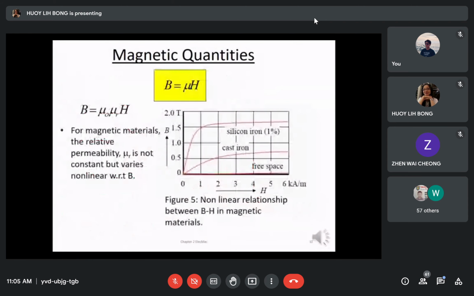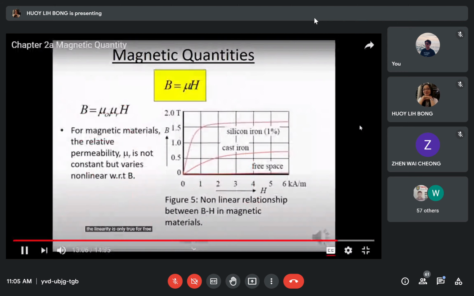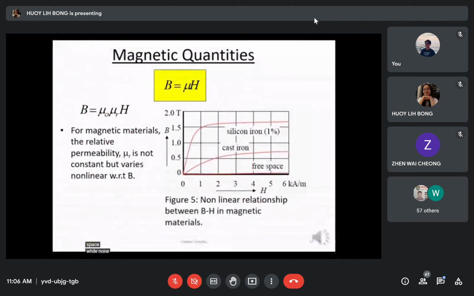The linearity is only true for free space, while the non-linear relationship, as shown in figure 5, is the BH curve for magnetic materials, in which their relative permeability is a non-linear constant.